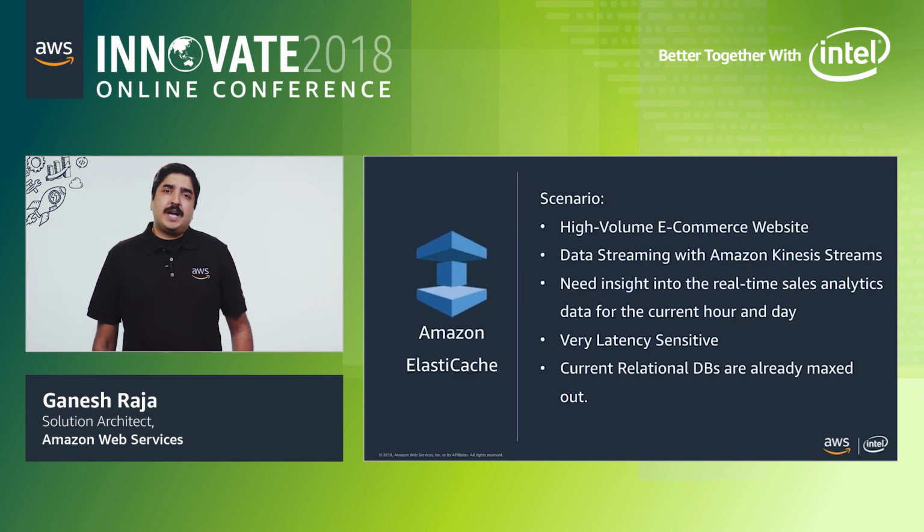The e-commerce website is a high volume website, and the business needs real-time sales analytics for the current hour and day. The business is latency sensitive and wants the dashboards to display the leaderboards in real time.